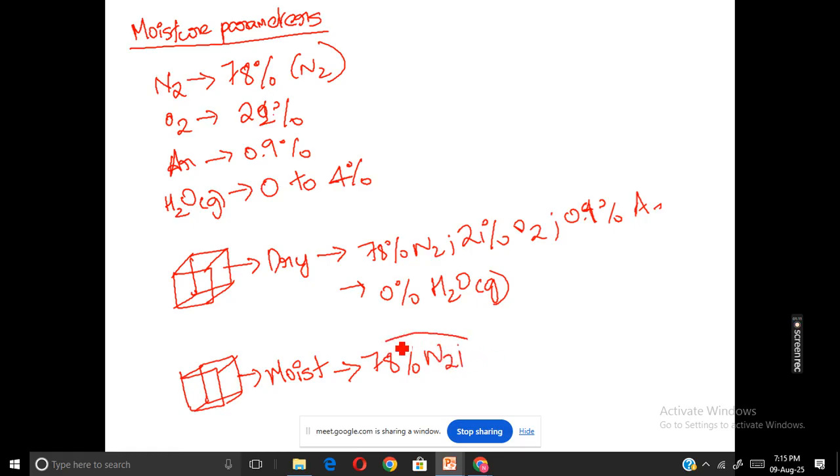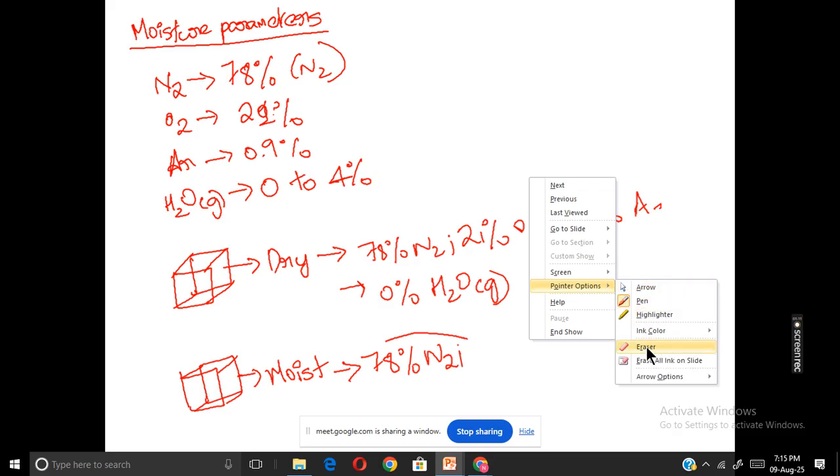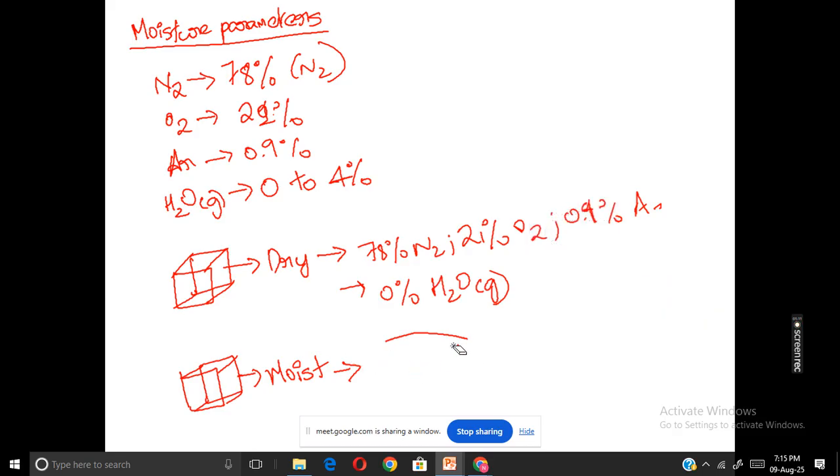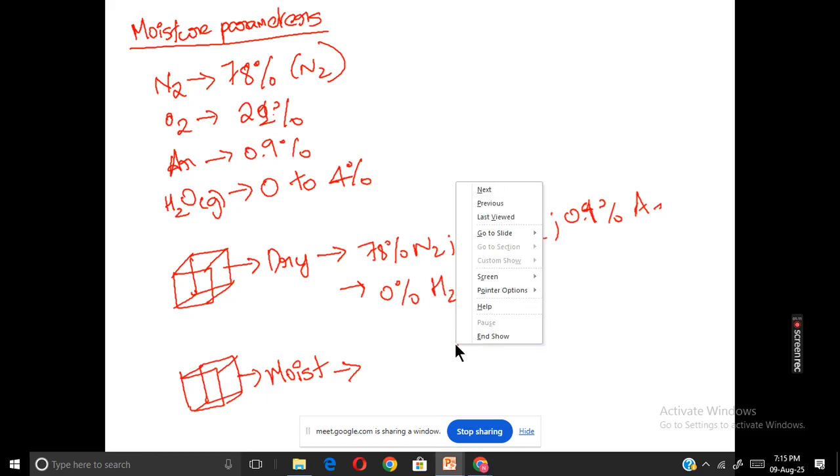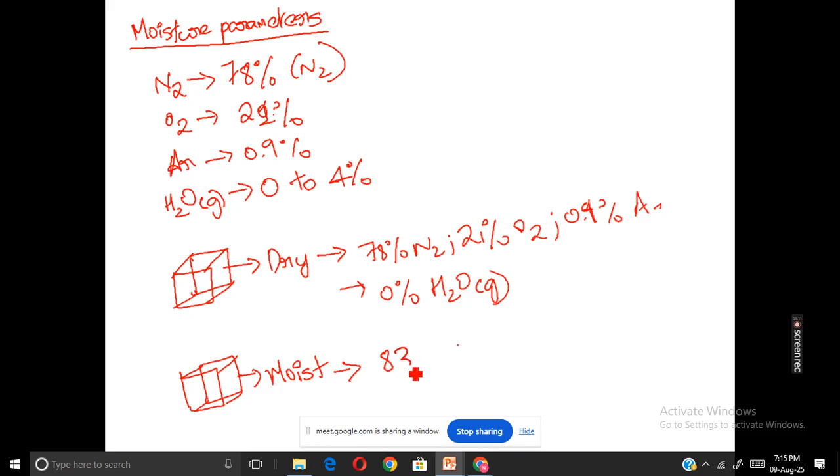Some amount of dry air, let's say in the parcel maybe 83% of dry air, and then the remaining 20% of moisture, water vapor. So when I talk about moisture, it has both dry air as well as water vapor. But generally, when we talk about dry air, it has 0% of water vapor.